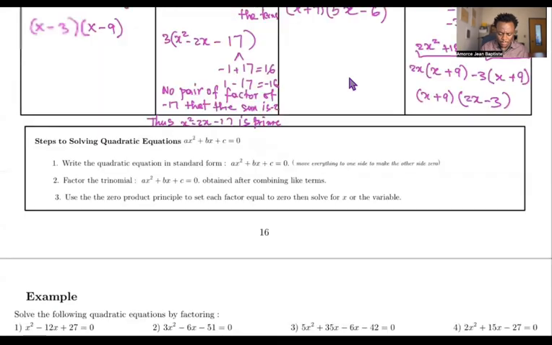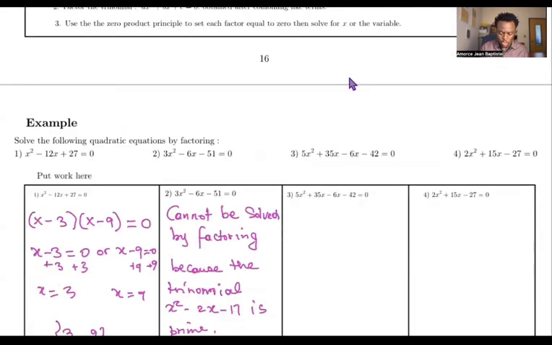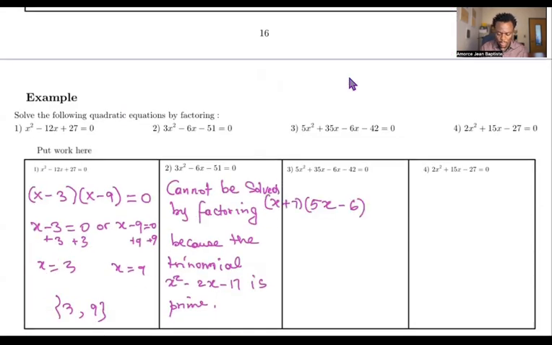We can just grab the factored form from the previous example here and then use the zero product principle to solve this equation, which means x plus 7 equals 0 or 5x minus 6 equals 0.